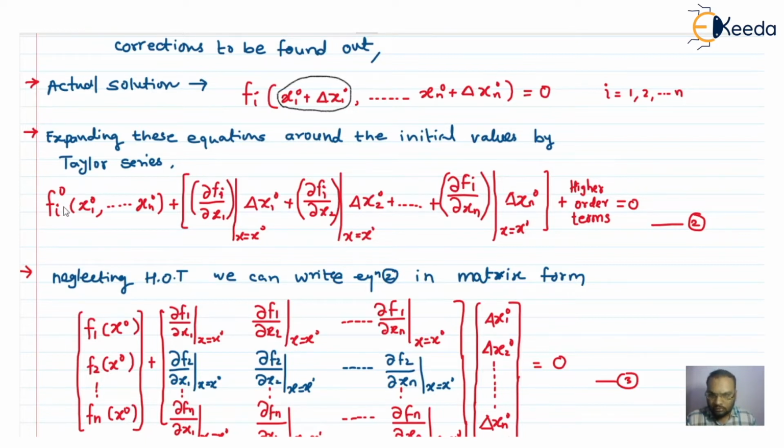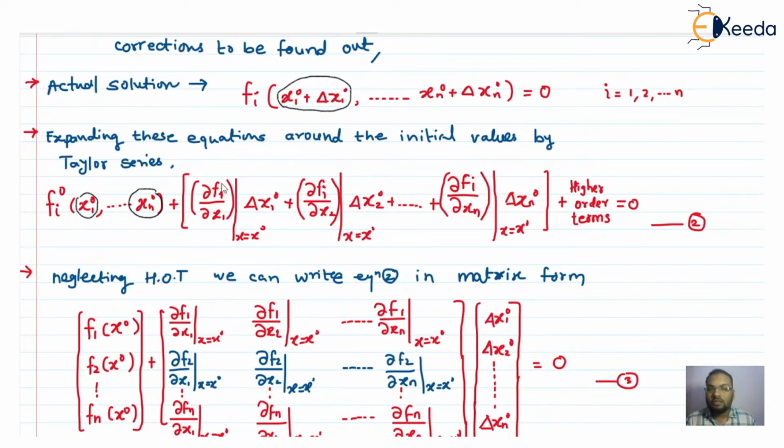Function f_i at x^0 indicates the function is being calculated with the initial or assumed values. Even in the bracket, it is mentioned x1^0 up to xn^0, indicating these are initially assumed values. Plus, now we have to take the partial differentiation of the function with respect to each variable.